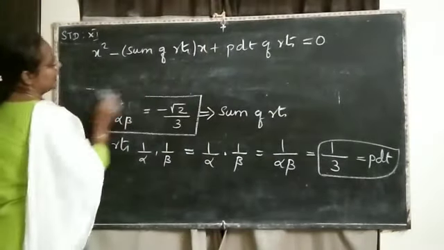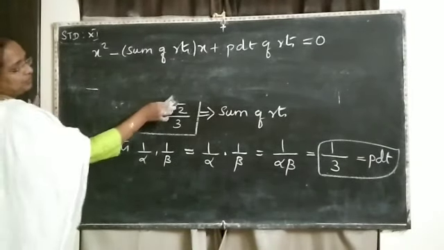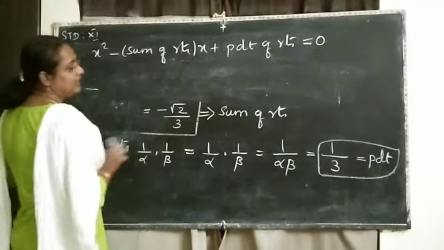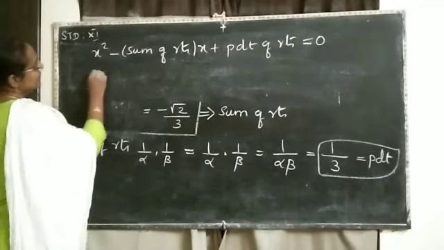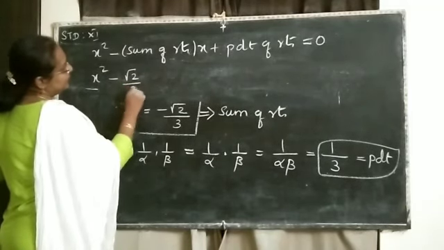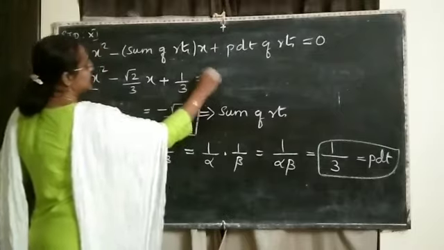Now we found the values of the sum and the product, minus root 2 divided by 3 and 1 by 3. Now substitute here: x squared minus root 2 divided by 3 into x plus 1 by 3 equal to 0.